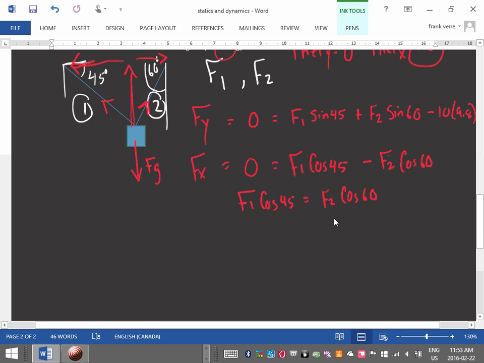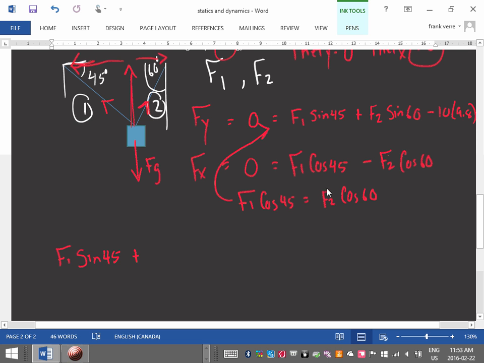So now, what do you think we could do here? We can go back to this equation and substitute, because we know the relationship between the two. So F1 sine 45 plus F2 sine 60.